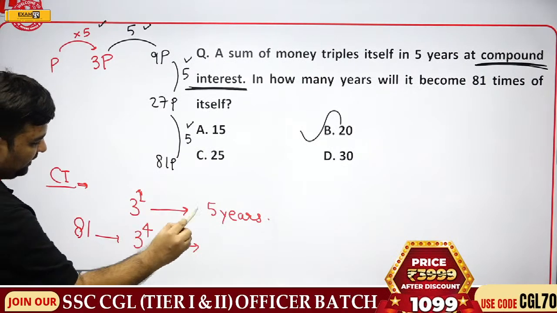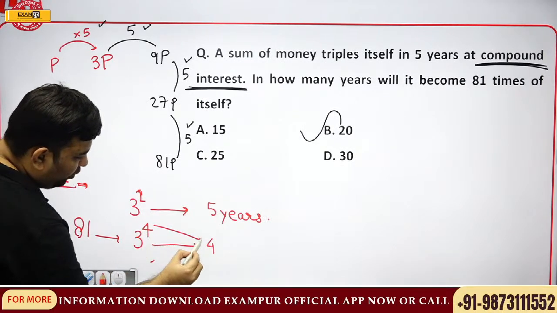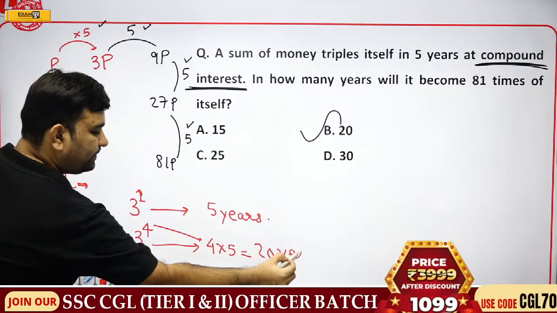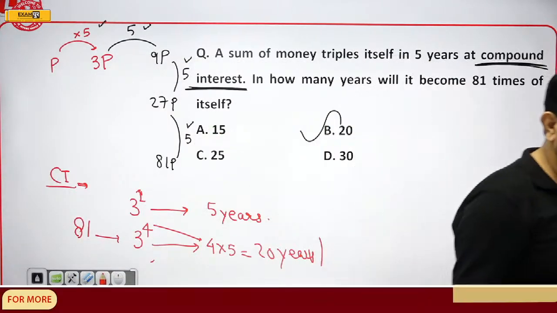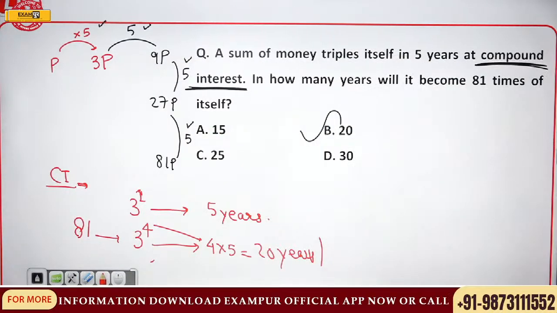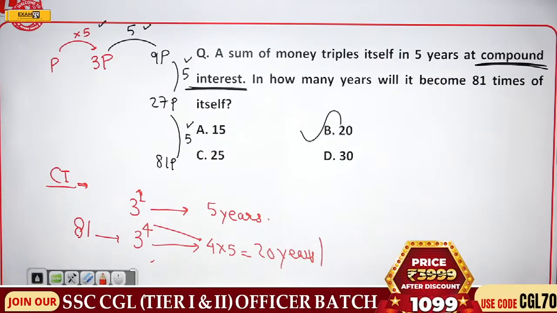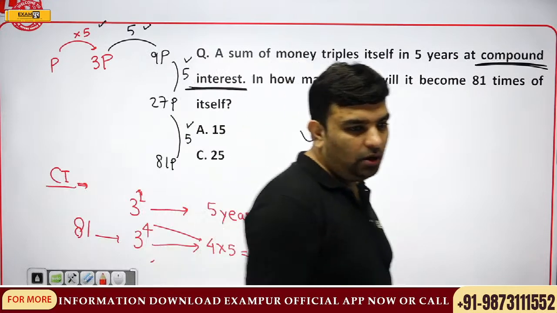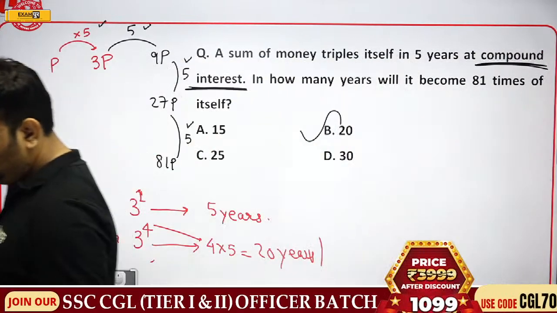If 3 to the power 1 is 5 years, then 3 to the power 4 is 4 into 5, 20 years. This is how we do the CI problem in exams.